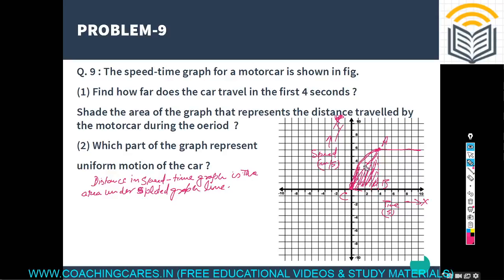So this is the shaded area under the graph line, this one, A, B, C.